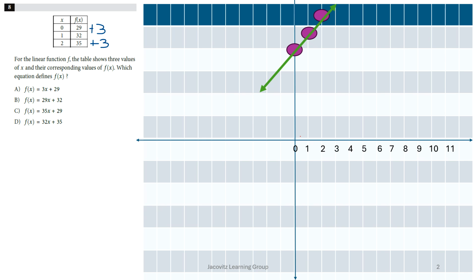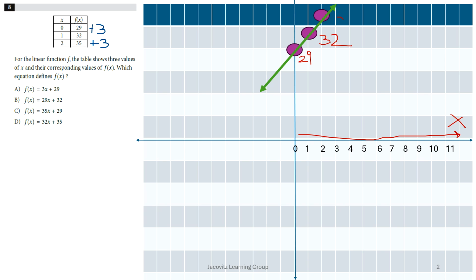This is X. This is X here. 0 is 29. 1 is 32.